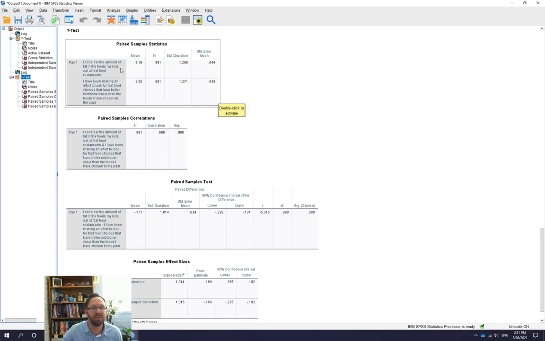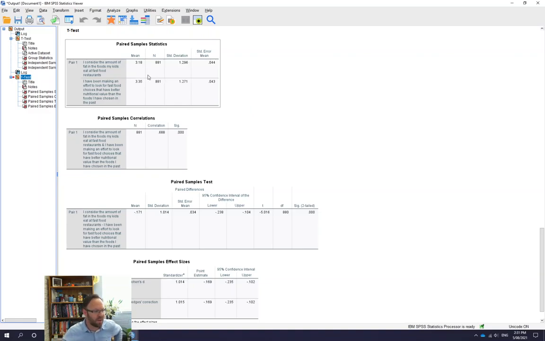Just by simple descriptive statistics, I can already tell that the answer is yes, kind of. This variable is greater than this one, but is it statistically significant? And that's why we run these tests.